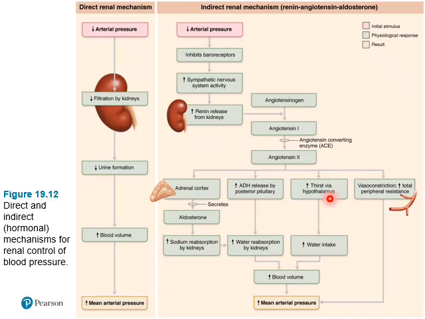So an increase in thirst is actually stimulated by angiotensin 2 via the hypothalamus, and that will increase water intake. Vasoconstriction will increase total peripheral resistance and will increase mean arterial pressure. All of this, the net effect will be to increase blood volume and to increase mean arterial pressure.